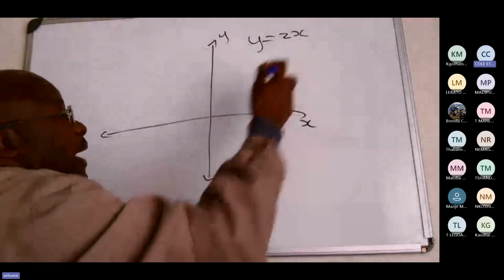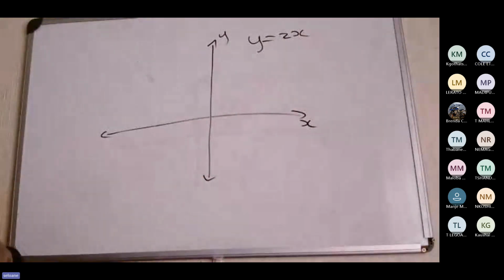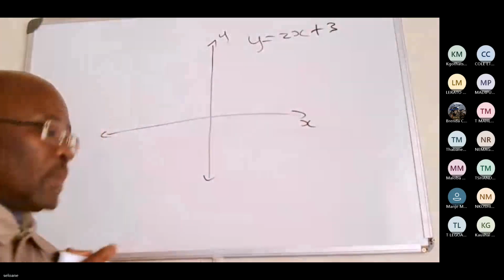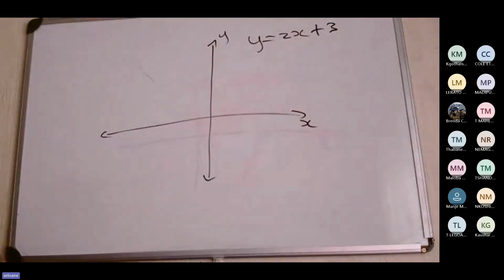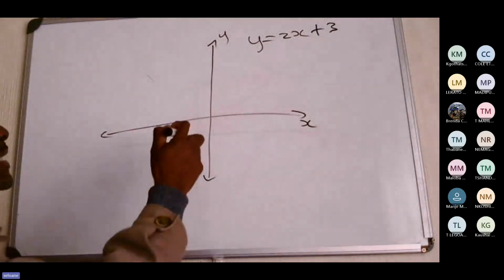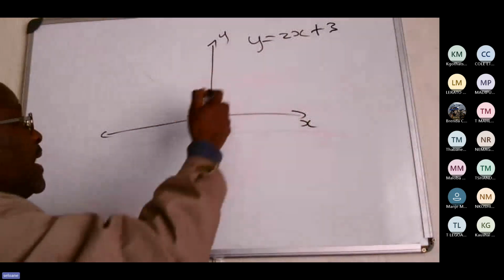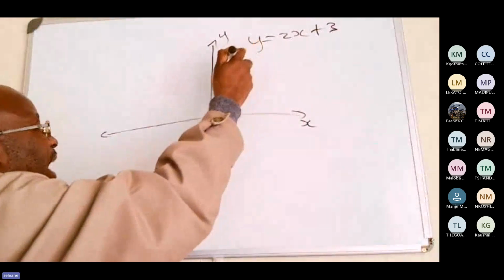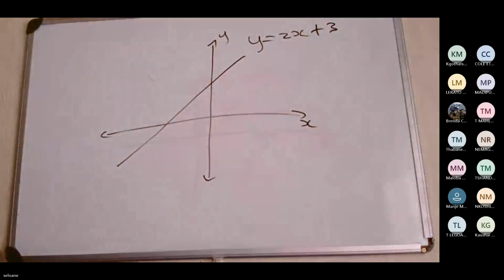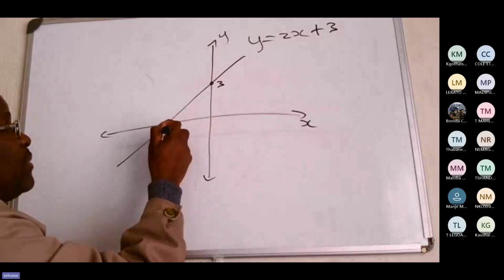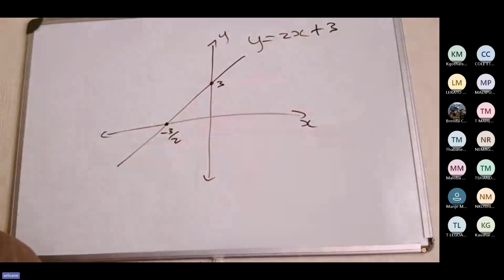Let's say 2x plus, let us make it 2x plus 3. Can you sketch the straight line? Yes. The y-intercept will be 3. The x-intercept will be minus 3 over 2. Therefore, it will be a straight line like this. The y-intercept here is 3. The x-intercept here is minus 3 over 2.